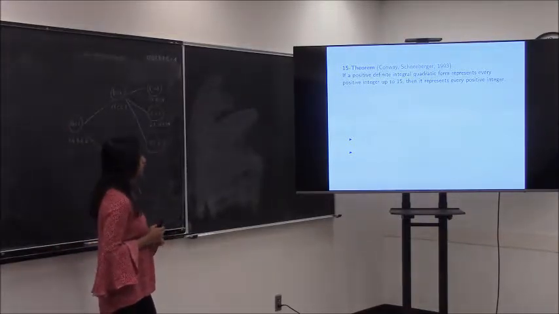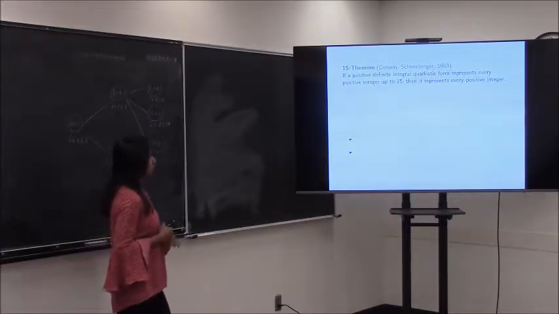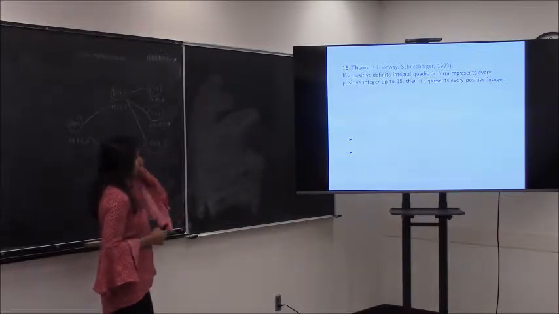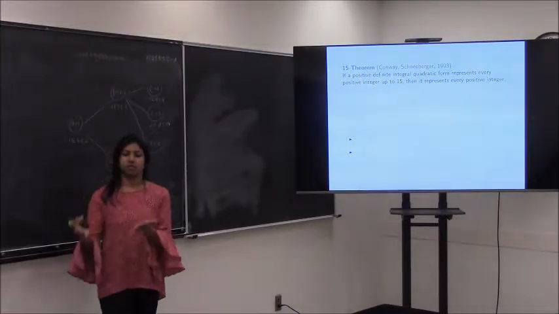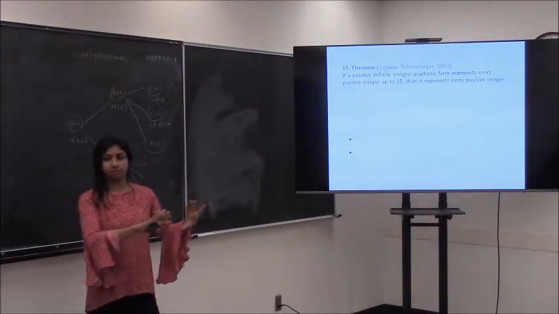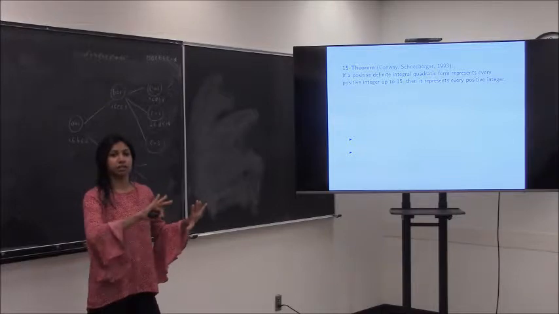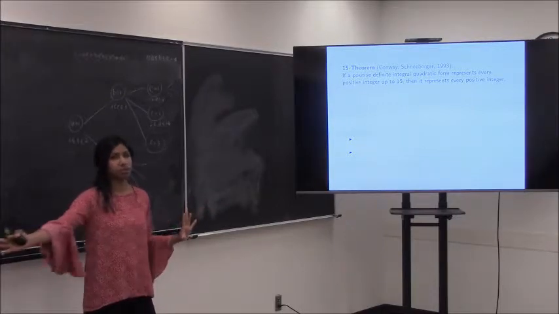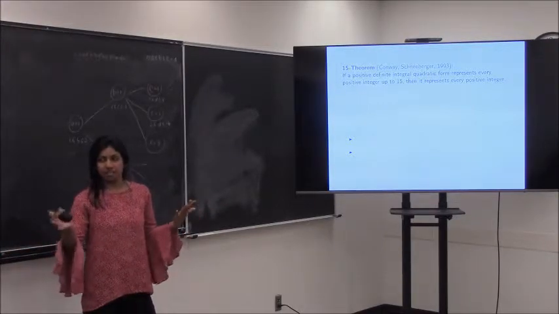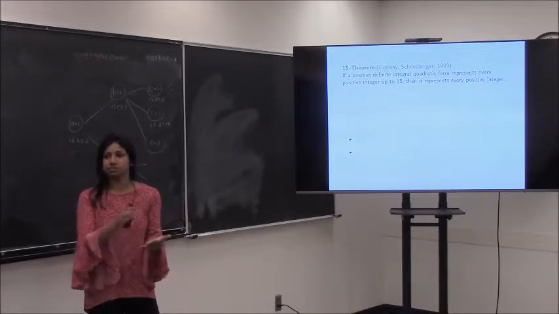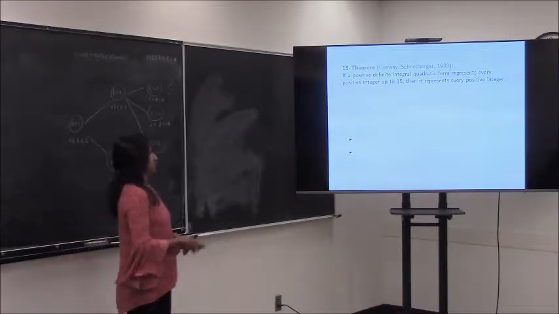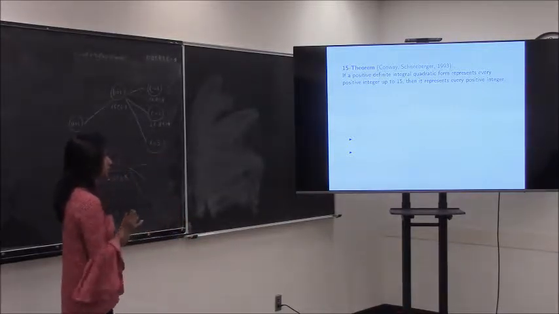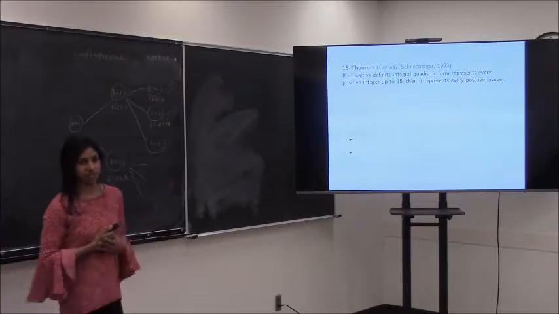They proved that if a positive definite integral quadratic form represents every positive integer up to 15, then it represents every positive integer. So that means if a quadratic form can represent just 15 numbers, then you can conclude it represents every positive integer. You have to check just 15 numbers. So you are done. It's a finite problem. So this is actually the foundation of our study.